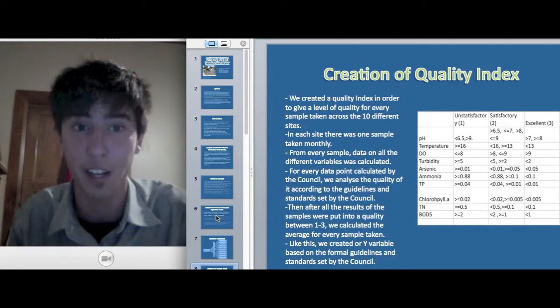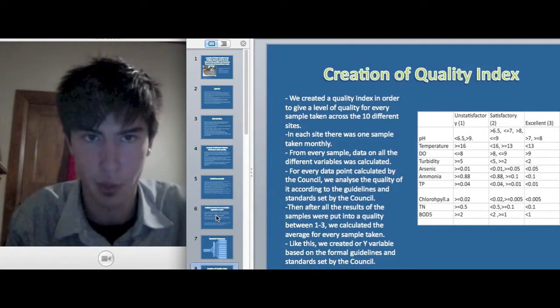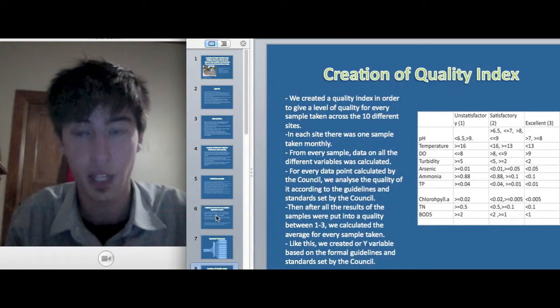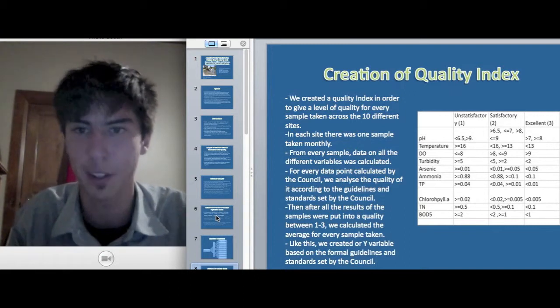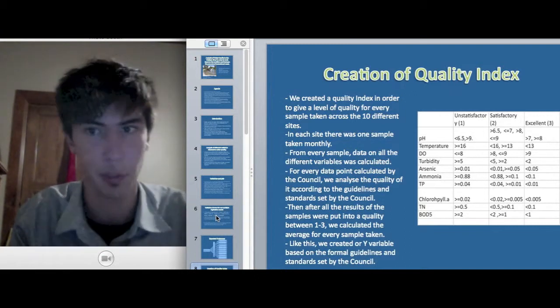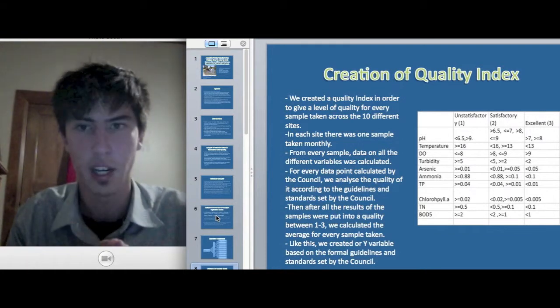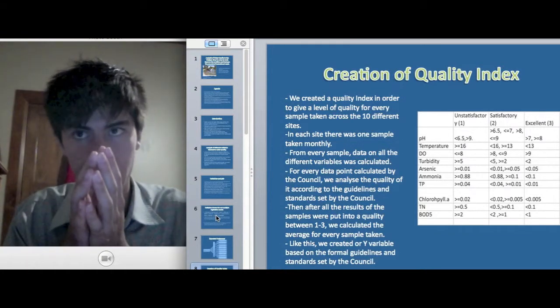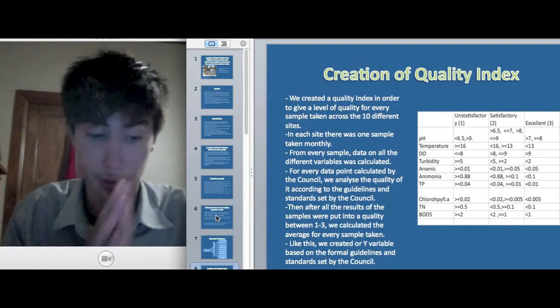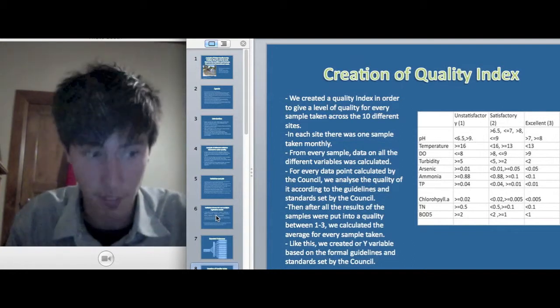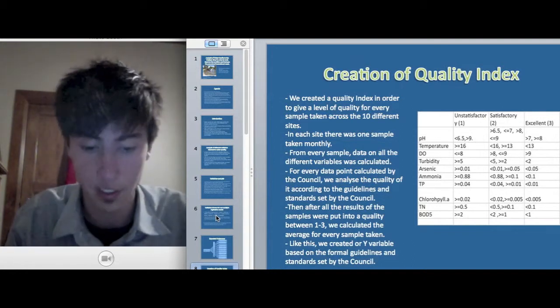The samples were taken at different sites, and they calculated the levels for the different contaminants, chemicals, and variables, temperature and all that. So we gave a level of quality for every sample point, for every data point.